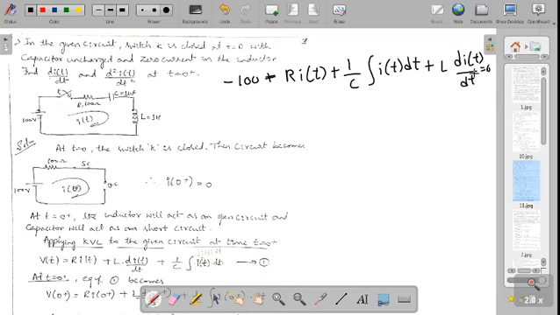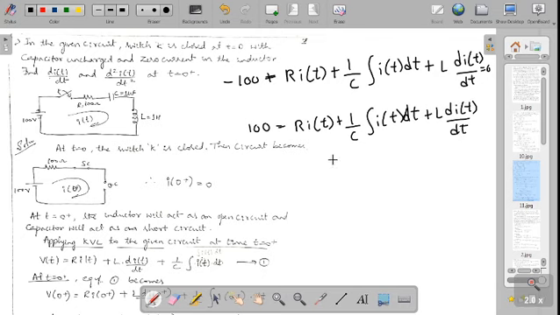We take 100 to the other side, so 100 equals R into I of t plus 1 by C into integration of I of t into dt plus L into di of t divided by dt.